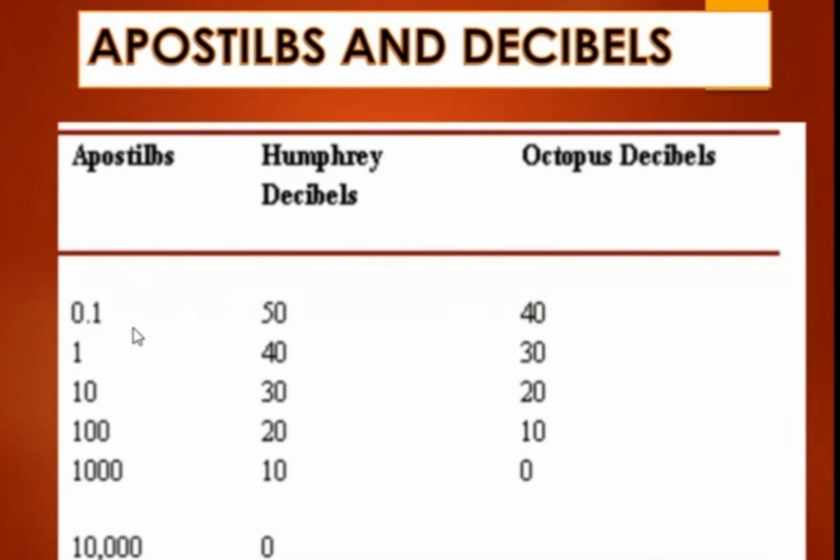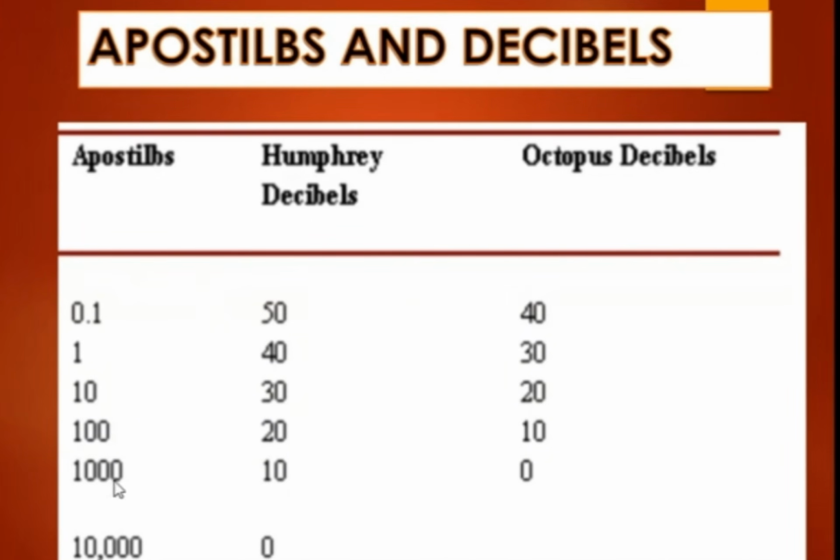So the 0.1 Apostilb means a very low intensity of light, and that particular retinal point captures it. So it means that that retinal point has high sensitivity. For the decibel, we'll have 50 decibel, which is showing us very high sensitivity.